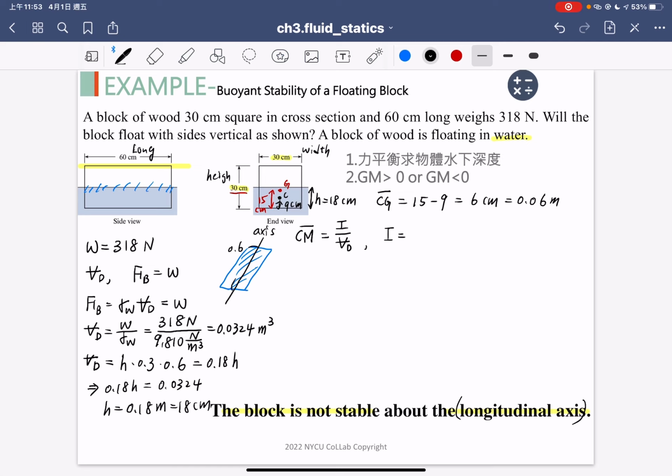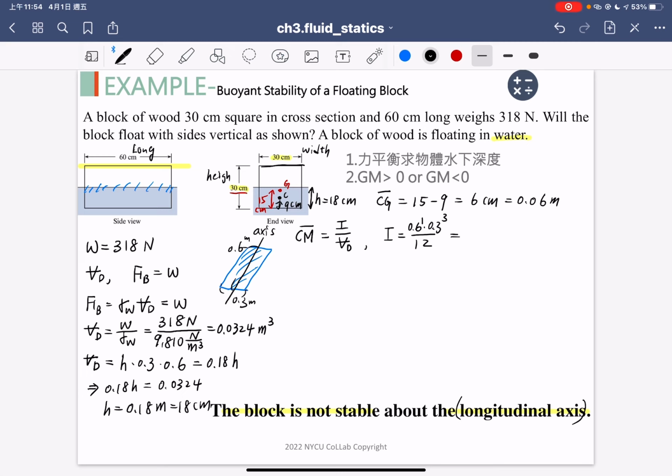So this is a rectangular shape. So the moment for this question is 1 over 12 times 0.6, with the longitudinal length being the rotated axis. So I use the 1 power for the 0.6 and the 3 power for the 0.3. The 0.3 is the width, it's 0.3 meters. So we can compute the second moment for this question.